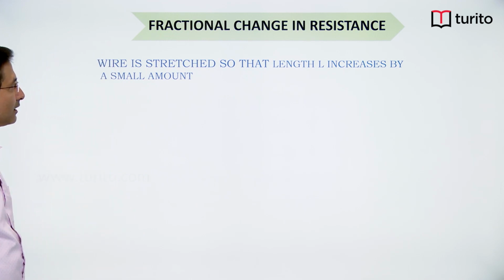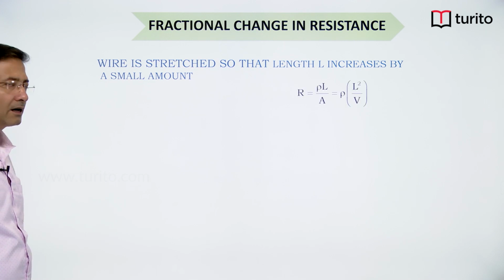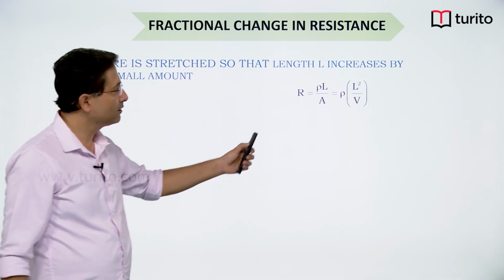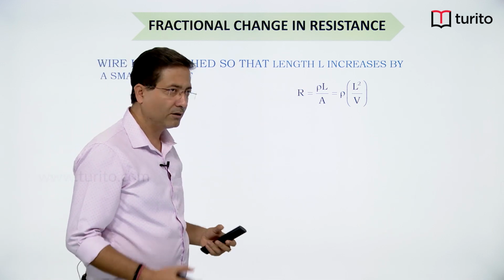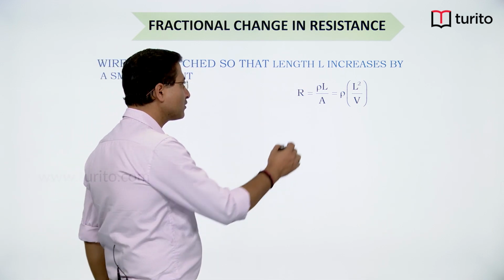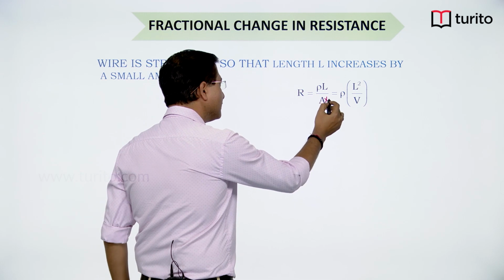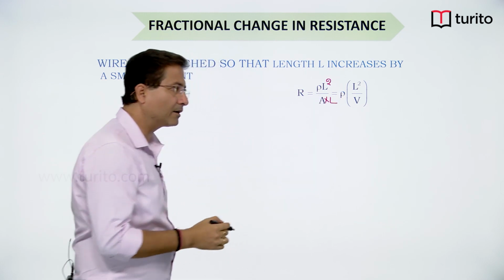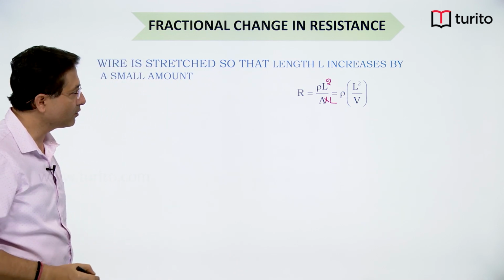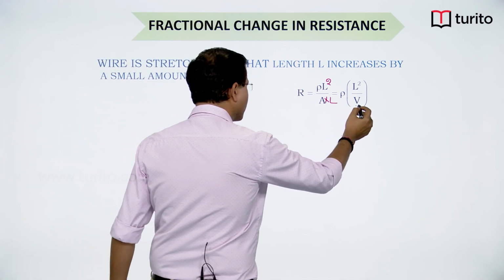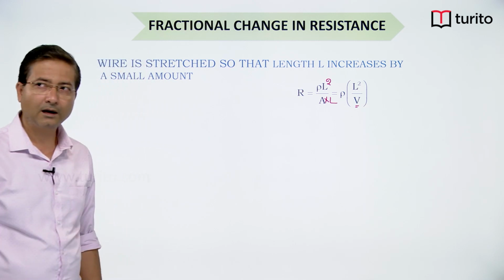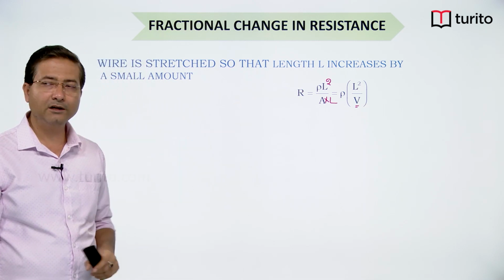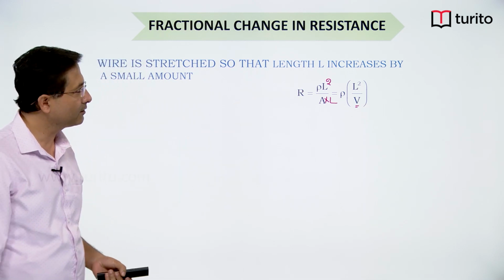When you stretch the wire, the volume will remain constant and we can write this whole term in terms of volume, so that we can decide. So, multiply and divide by L, this will be volume, and in the numerator you will get L square.